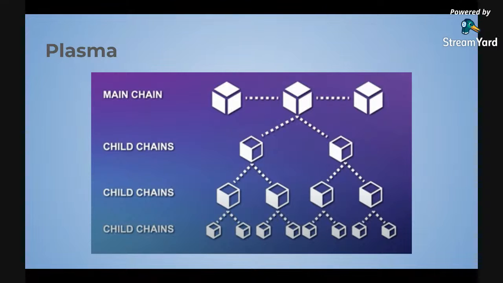So in theory, a Plasma chain has the same security as mainnet, whereas with other side chains, if the operators go rogue and break it or cheat, then mainnet is like, you're alone there. So that's the main high-level difference. And also, as Denim says, there are about 20 different types of Plasma.